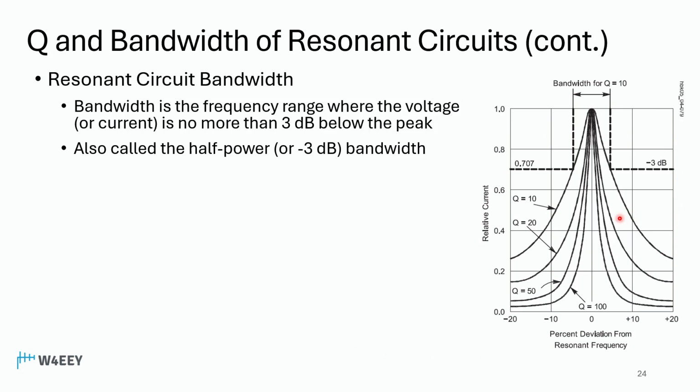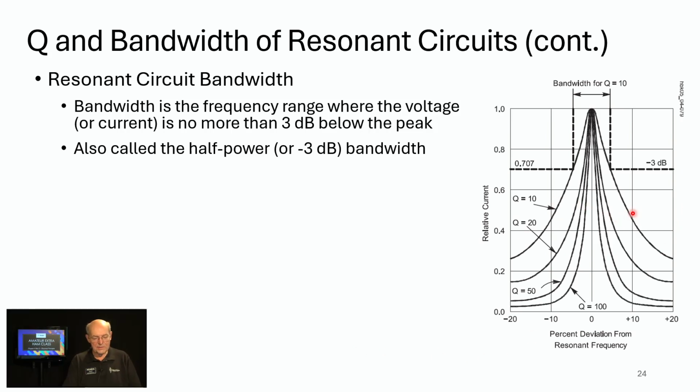Now here we are showing the concept of selectivity again, and before getting into some of the technical details, I think you can follow this idea. If we have a circuit, let's say it's this broad one here, let's call this single sideband communication.